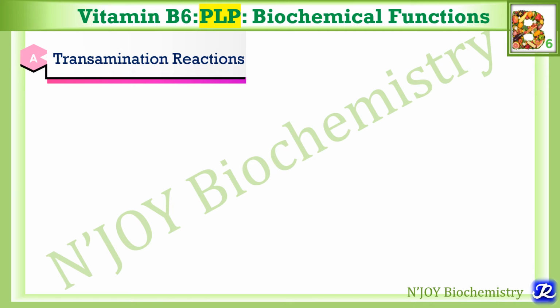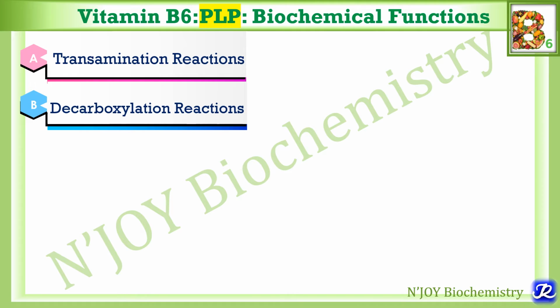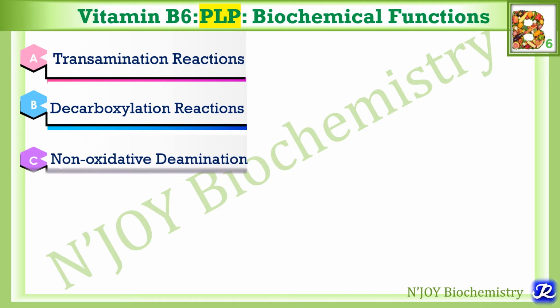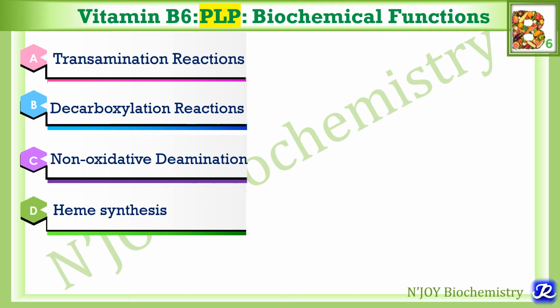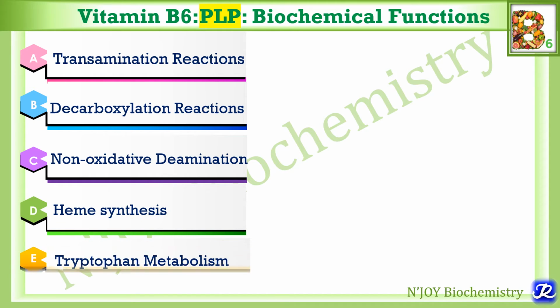So the first important function of PLP is in transamination reactions. Second, decarboxylation reactions. It is also required for non-oxidative deamination. In heme synthesis, it plays a very important role.